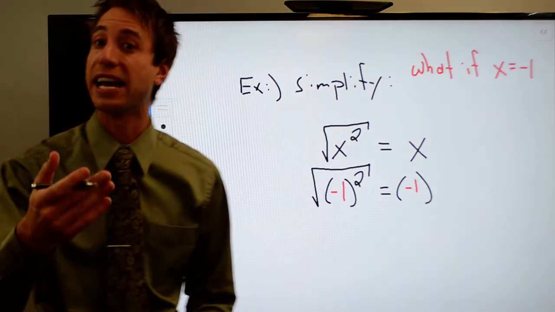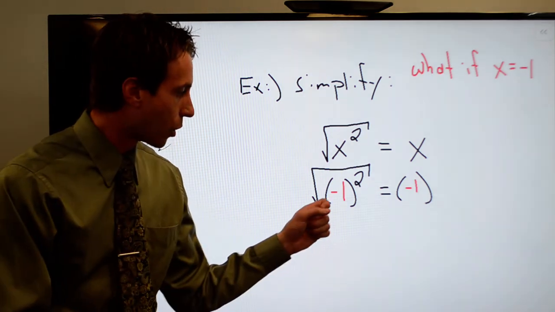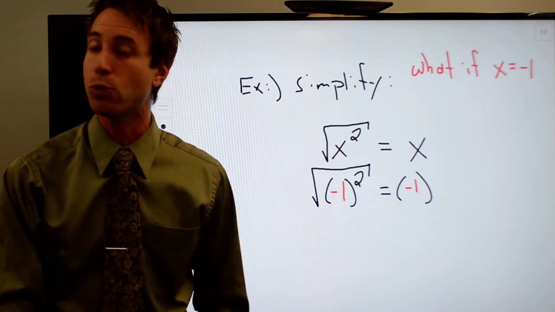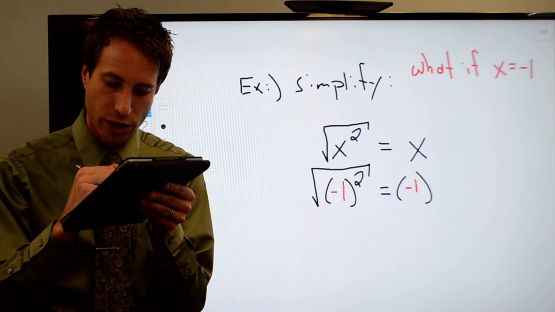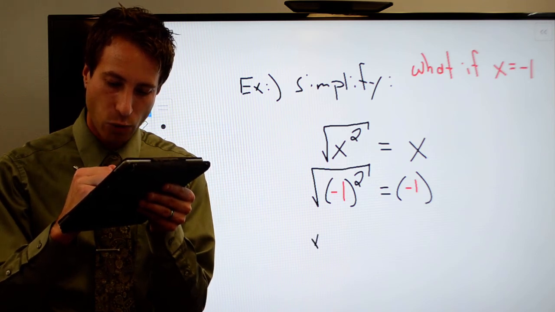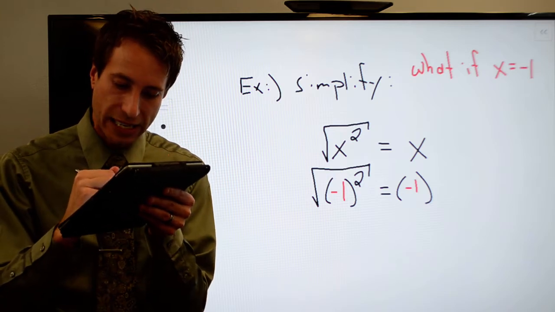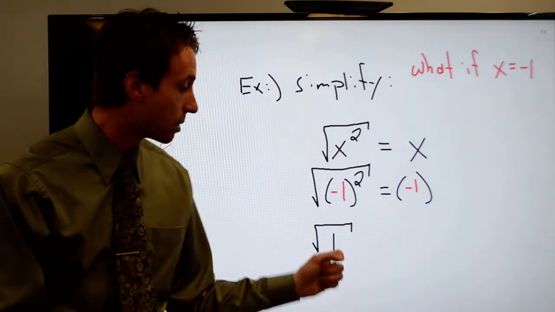Well, let's go ahead and evaluate this. It's actually really simple to do. You're going to take a -1 and square it. Well, what do you get when you square a -1? You get a +1, right? Because a negative number raised to an even power is always going to be positive.